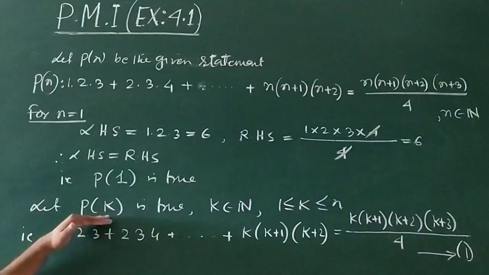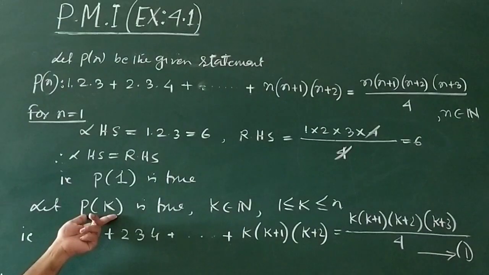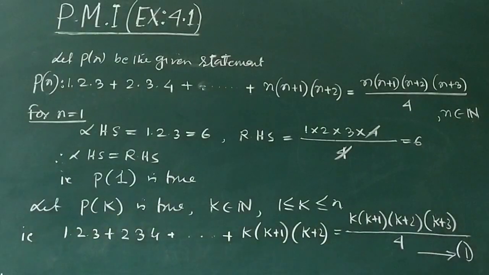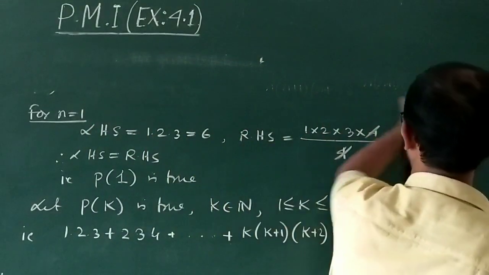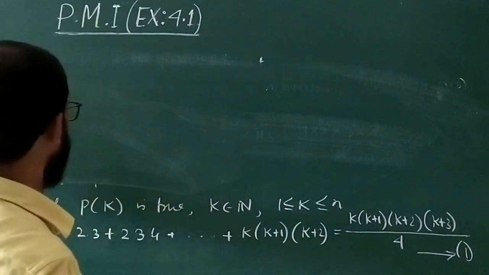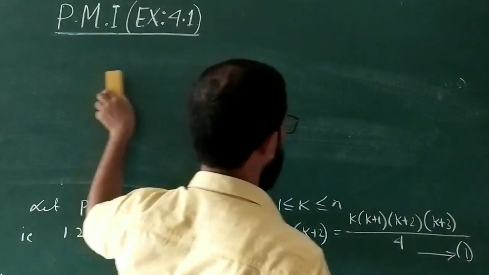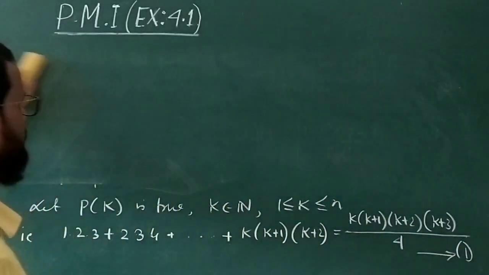Now by supposing Pk is true, you are going to prove that it is true for K plus 1. That means you are going to prove that Pk plus 1 is also true. Okay.